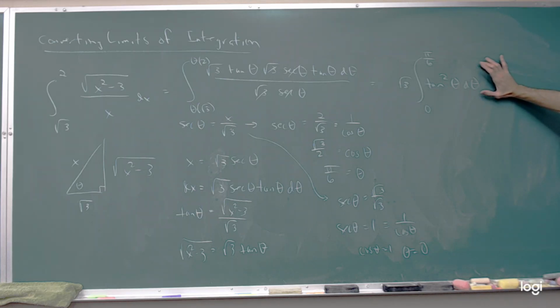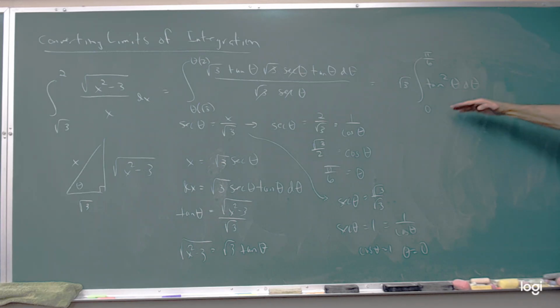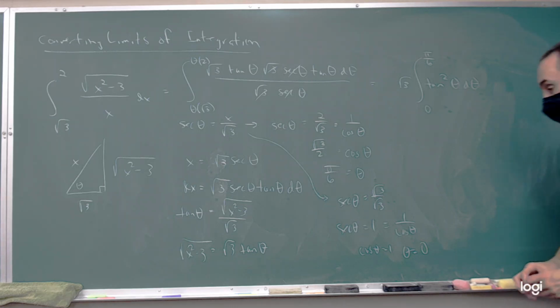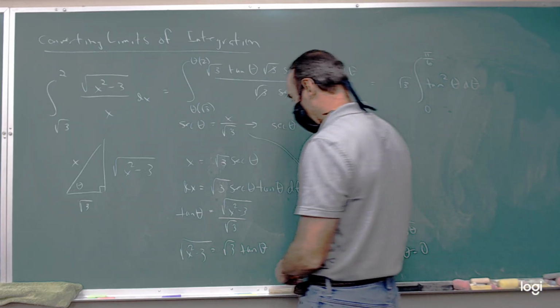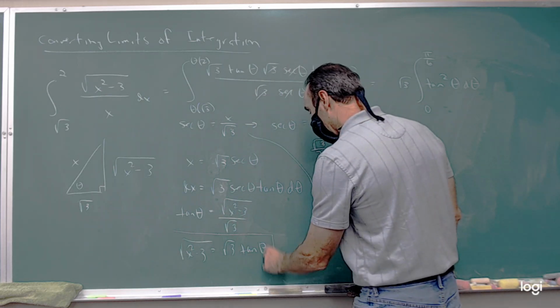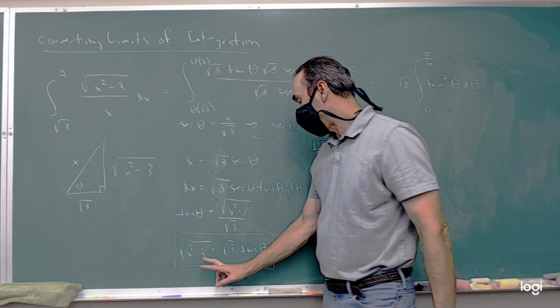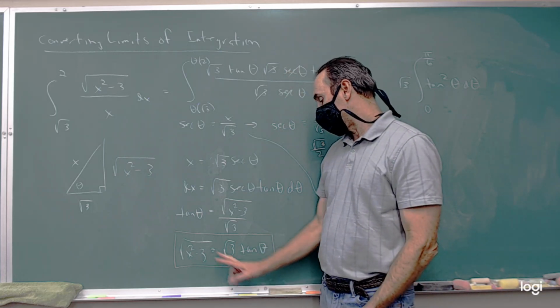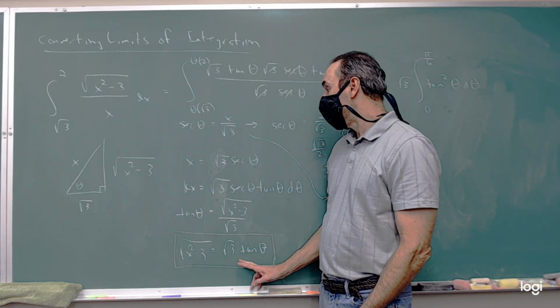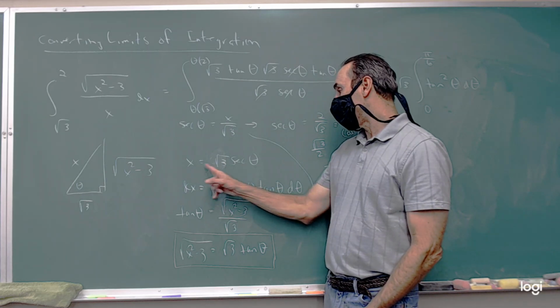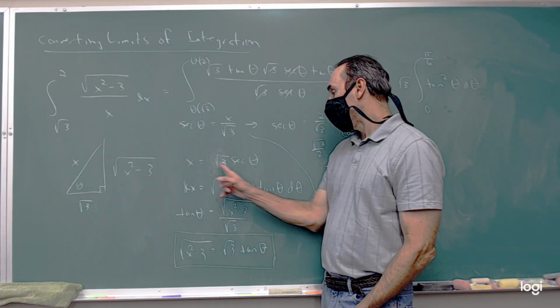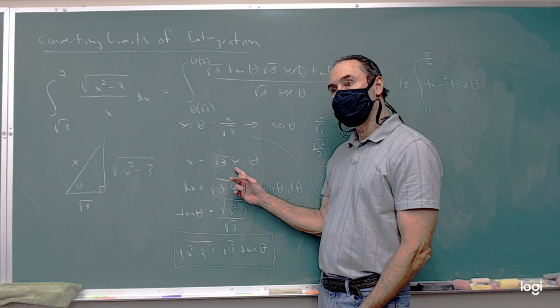So changing these limits, now here is the thing where you have to think. Once we have changed these limits, we see that these limits are going to put us in quadrant 1. The thing that we're checking for is where we have this radical. We have to make sure that our radical is going to always be non-negative. We said that x is equal to square root of 3 secant theta.